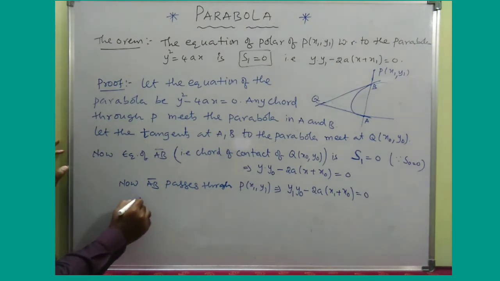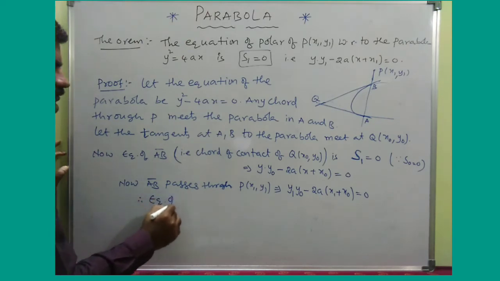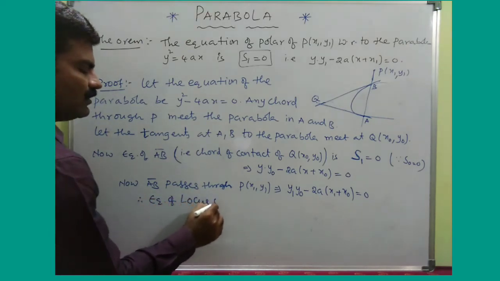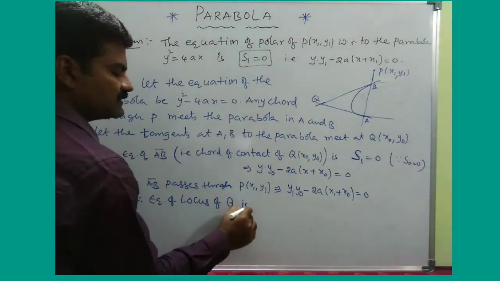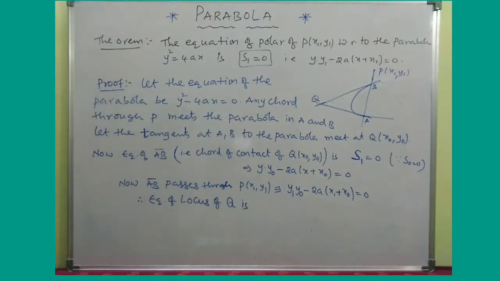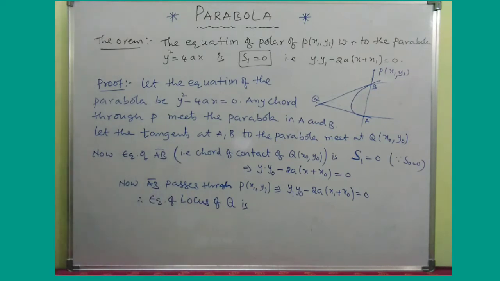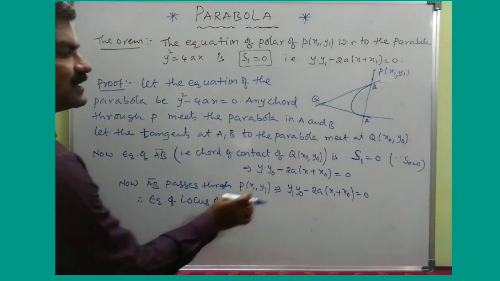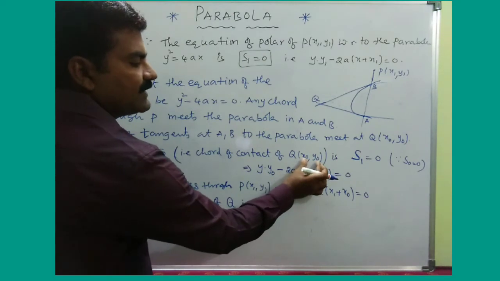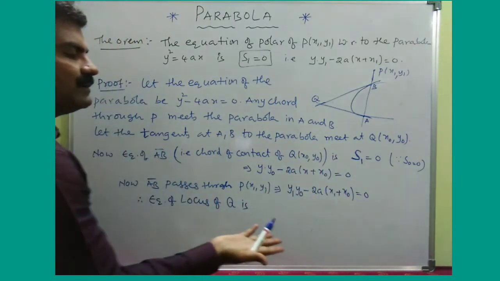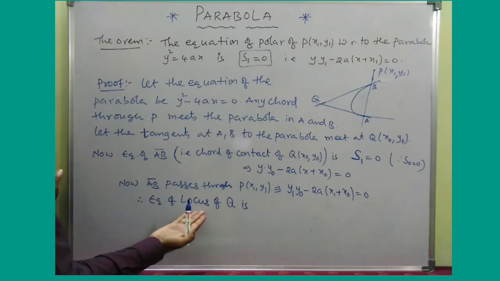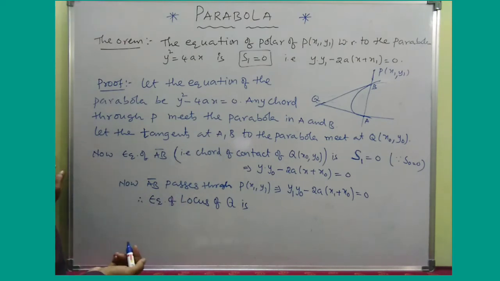So therefore the equation of locus of Q is, do you remember the last step in the chapter locus? Actually x1, y1 will be replaced by x, y, but here the point Q is nothing but x0, y0. So x0 and y0 you just replace by x, y as per the rules of locus, isn't it?